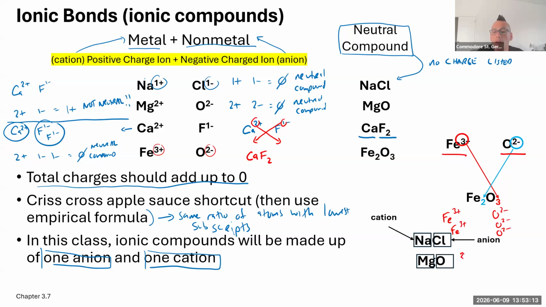Here we have a 3 plus, 3 plus, 2 minus, 2 minus, 2 minus, that equals 0. So another neutral compound. So iron 3 plus and oxygen 2 minus, the correct formula is Fe2O3.